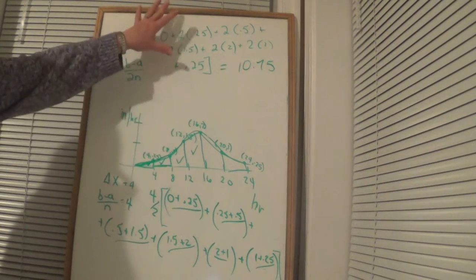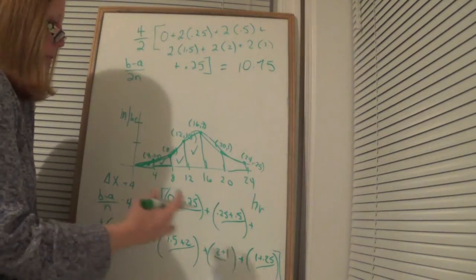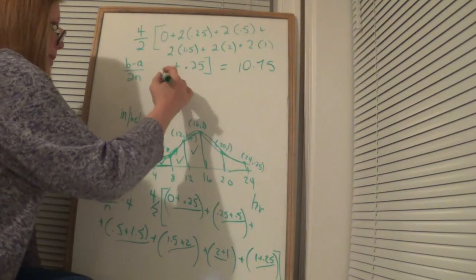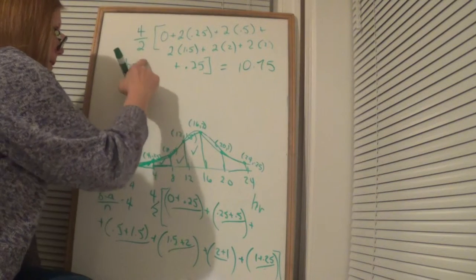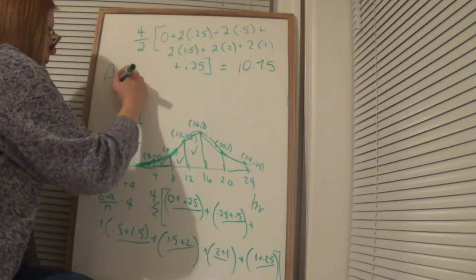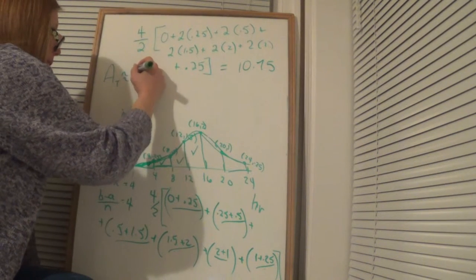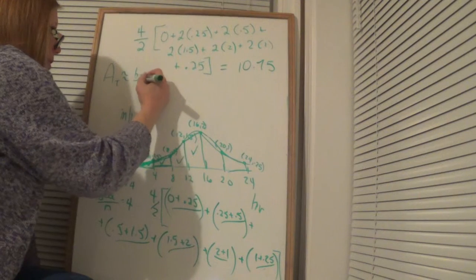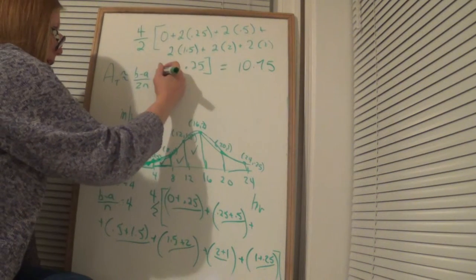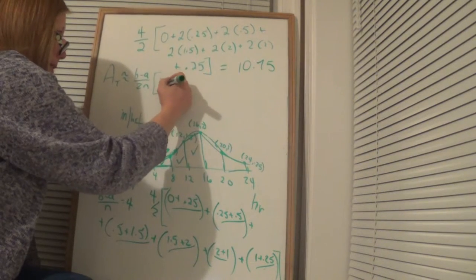Now, I want to make that observation into a different rule for the trapezoid. So I'm going to use this b minus a over 2n. So the area using the trapezoidal rule is going to be approximately b minus a over 2n, and then it's going to be the x sub 0 used once.